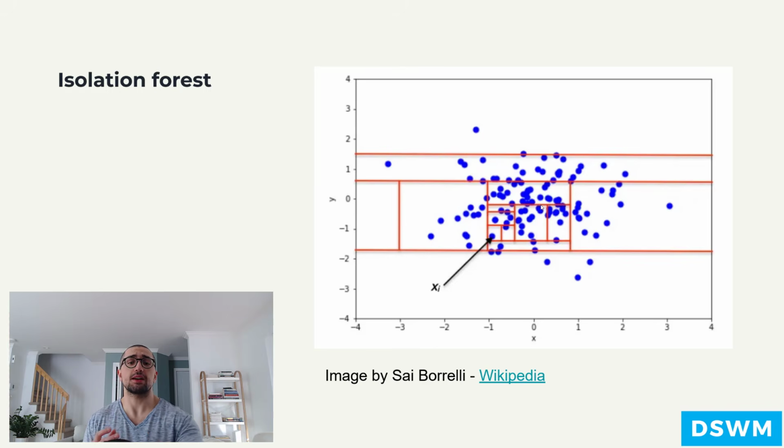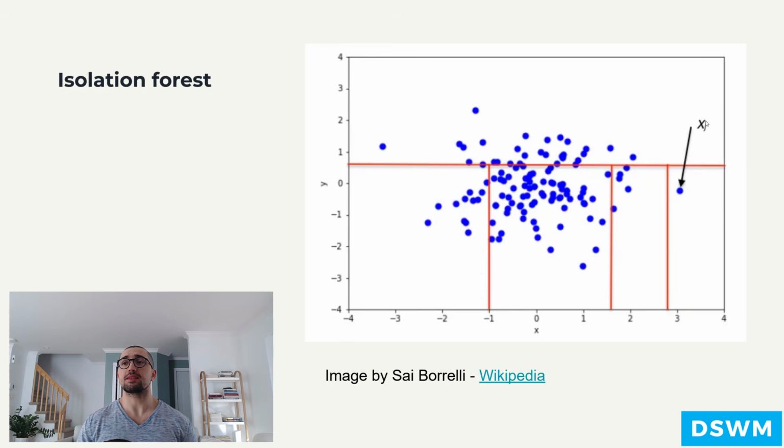And this really makes sense with this picture here. So as you can see, every red line, so a tree, right, it can only make either horizontal or vertical lines. So every line is a partition here. And so to isolate this blue point here with the arrow, xi, as you can see, it required a lot of partitions, right? So this means that this data is likely to be an inlier. It's a normal point, okay?